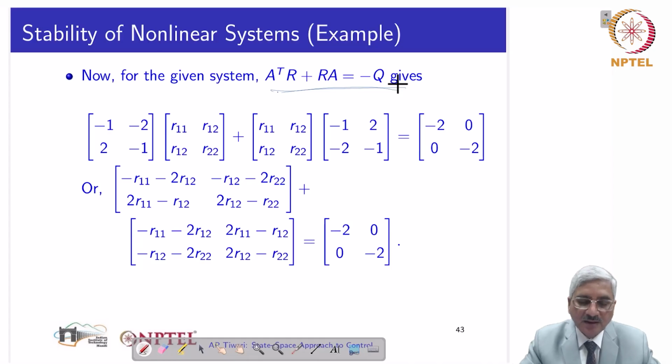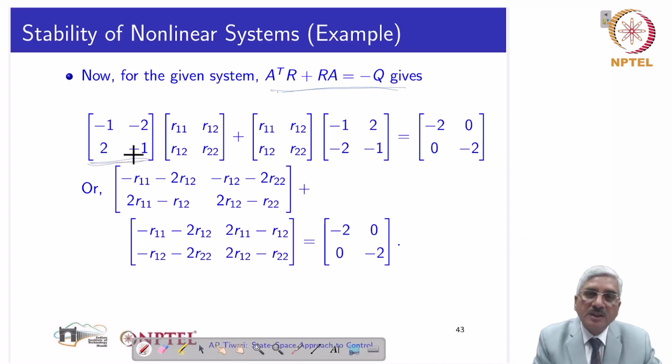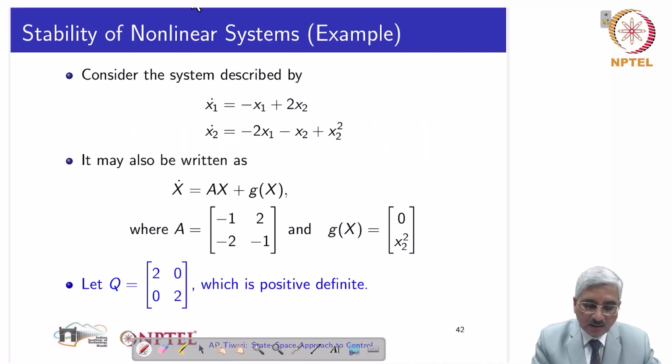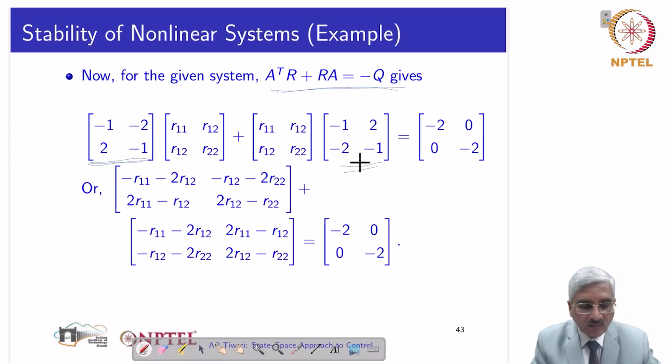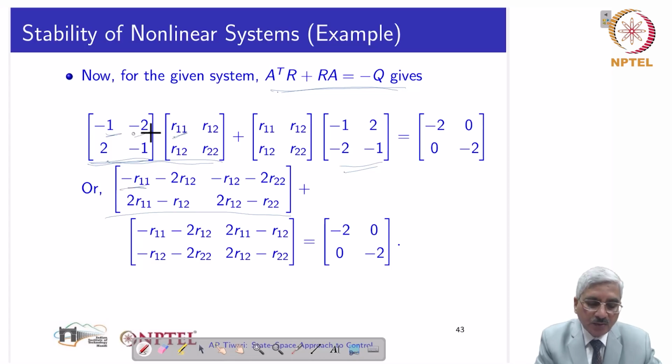If yes, then the linear part of the dynamics is going to be stable. So this is A transpose for the A given there. A is here, minus 1 2 minus 2 minus 1, it comes along the columns. So A transpose R is this: minus 1 into R11, so that is minus R11, minus 2 into R12, it is minus 2R12.